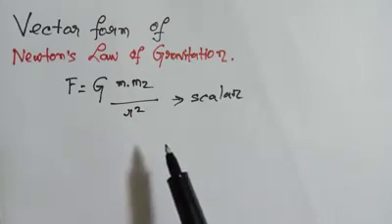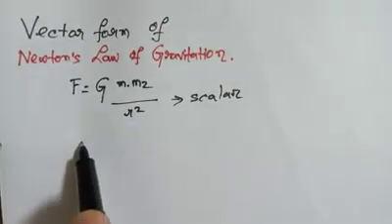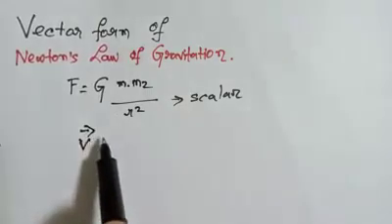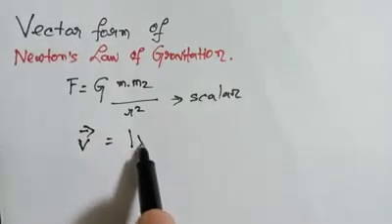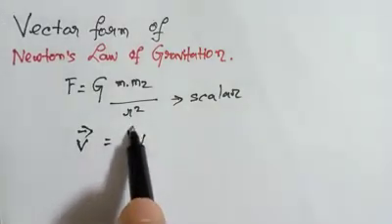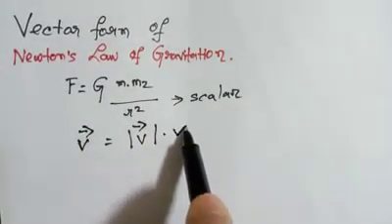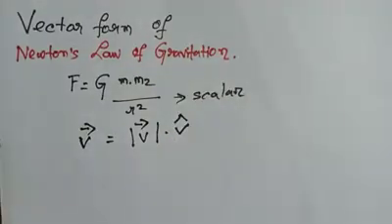So for example, if I take a vector v and I want to represent it in the vector form, I have to take the magnitude, which is often represented by the modulus sign, multiplied by a unit vector, followed by a hat sign. This is the unit vector.